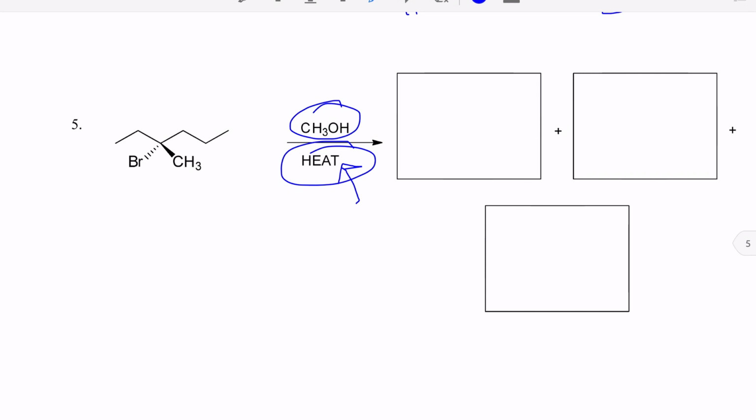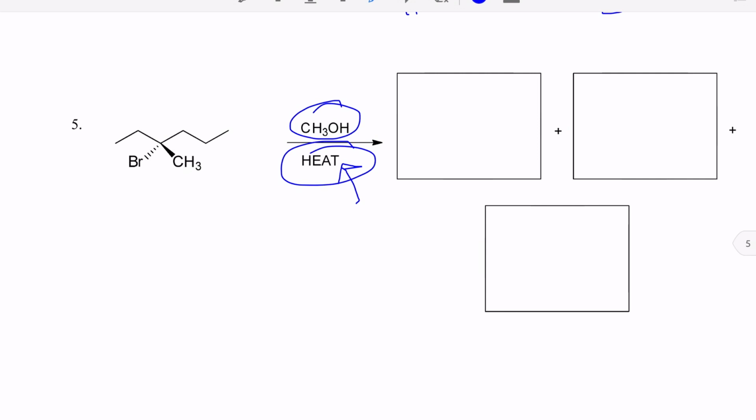And there's a possibility for multiple products, and just because we see heat, it might be tempting to just jump right into an elimination reaction. But we also need to have a good understanding of how these reactions work before we can come to these conclusions.